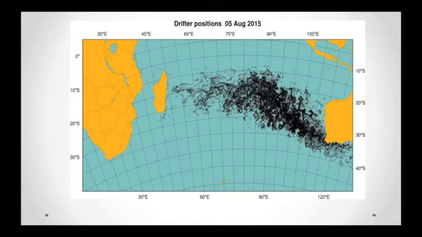I hope you appreciate why we study ocean gyres, not only to understand how the currents move, but also for real applications, such as the ocean garbage patch, and something very important like the MH370 search effort.